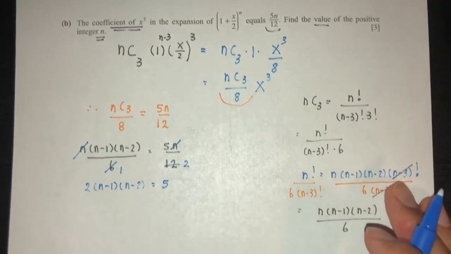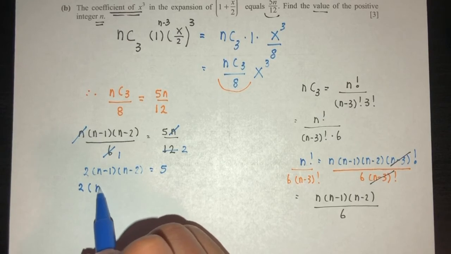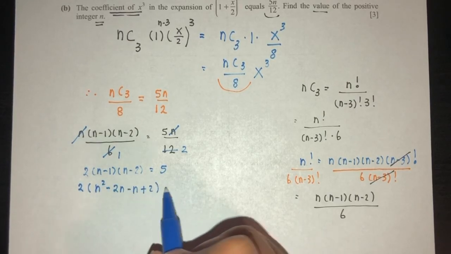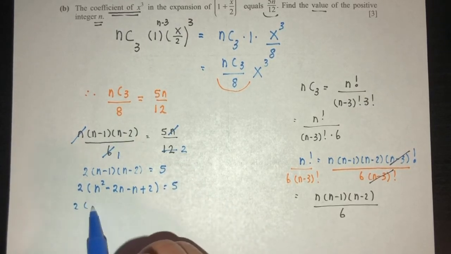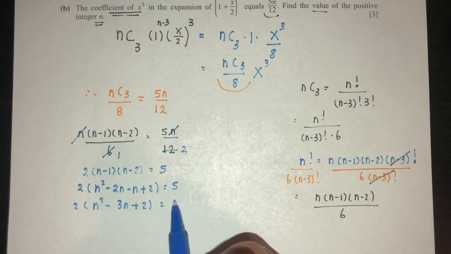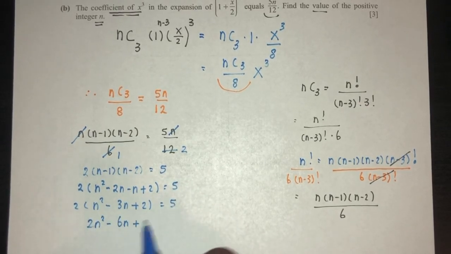Now we have to expand the brackets and simplify. This is 2 times n squared minus 2n minus n plus 2, equal to 5. That will be n squared minus 3n plus 2 equal to 5. That will be 2n squared minus 6n plus 4 equal to 5.